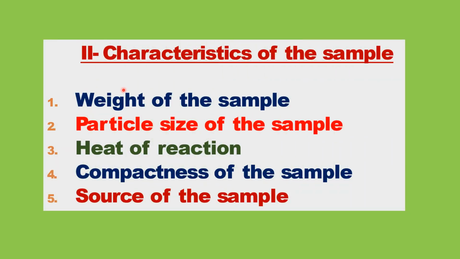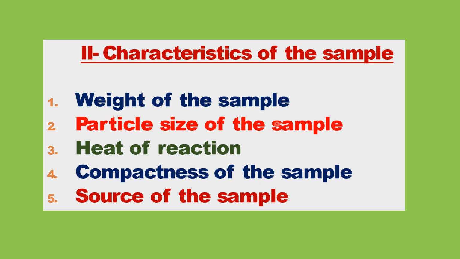Let us see how the characteristics of the sample affect thermogravimetry. The weight of the sample affects the thermogravimetry. Particle size of the sample: for example, you have micro-sized particles and nanoparticles.